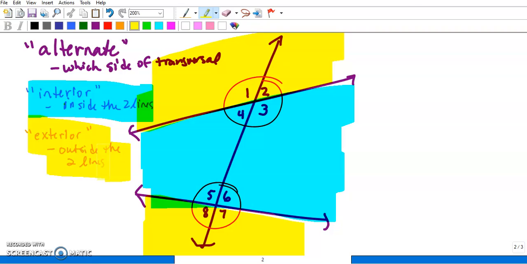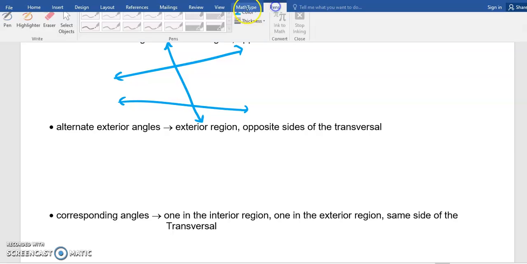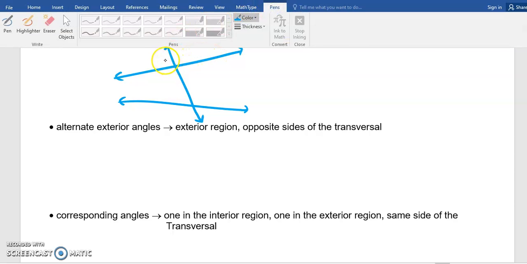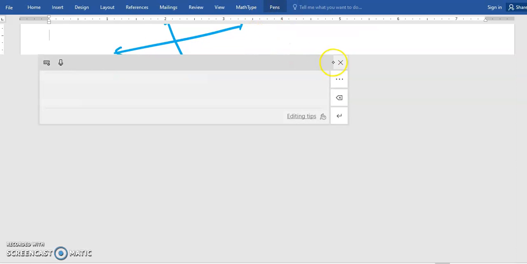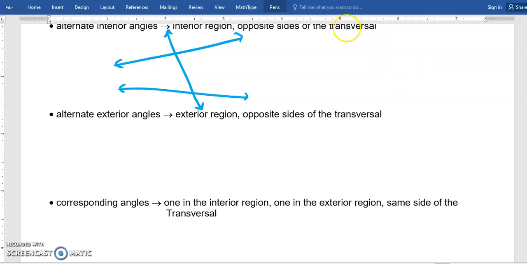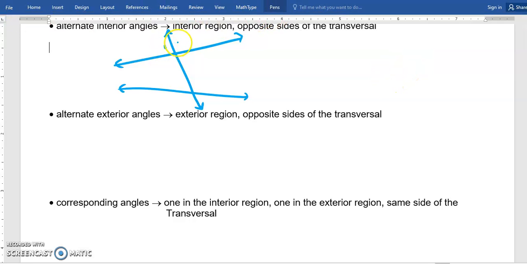Okay, so we're going to look back at our other file, and we're going to talk about alternate interior angles. So if we have our 8 angles, well, it didn't stop. Okay. So I've got 8 angles.